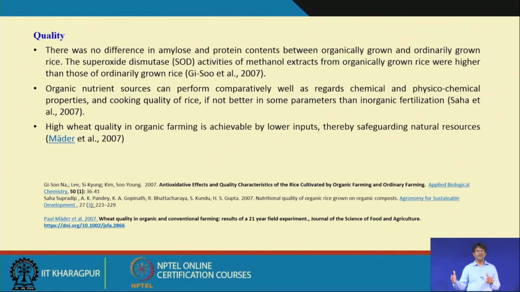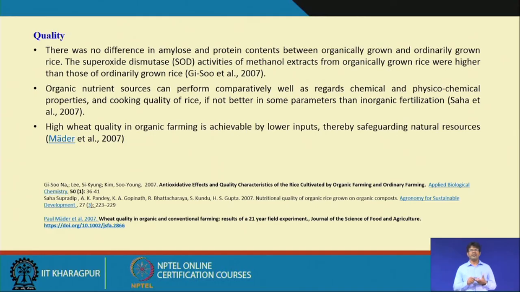We should not sacrifice the yield levels, but we should not use any synthetic pesticides in organic farming or organic production, because synthetic pesticides can deteriorate the quality of the produce. We want to have better quality and healthy produce, and at the same time the production should be maintained.